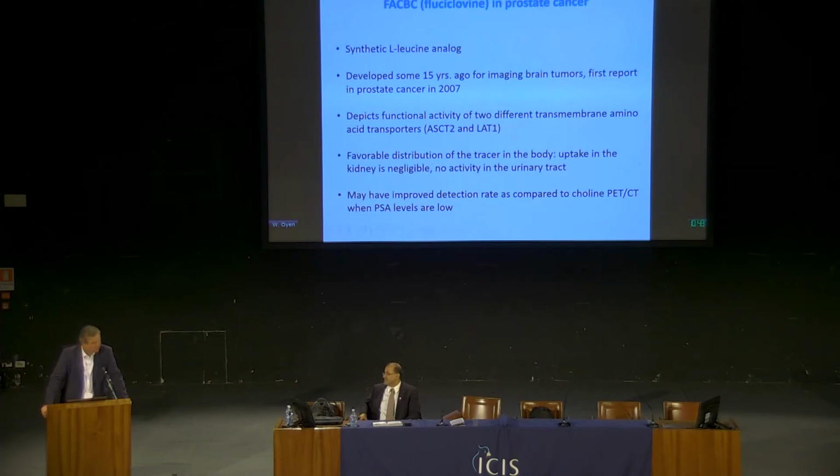And here, this is a perfect example of what is happening in molecular imaging. The flucyclovin was developed 15 years ago for brain tumors, and the first report on prostate cancer was in 2007. And then it takes 10 years to bring an imaging agent to the clinic as an approved agent, which is way too long to match the dynamics of everything that is going on in imaging.